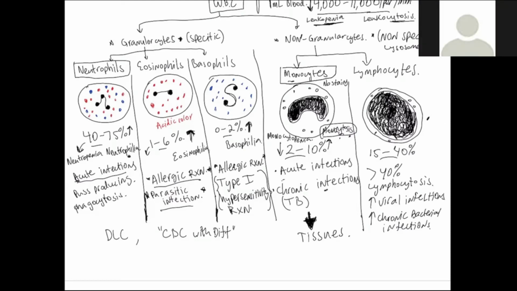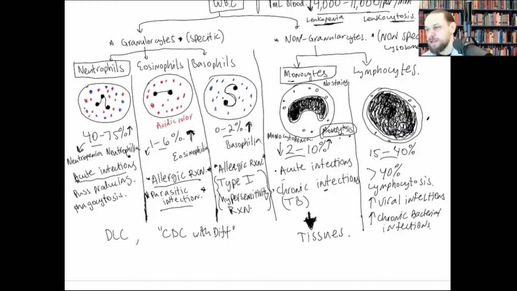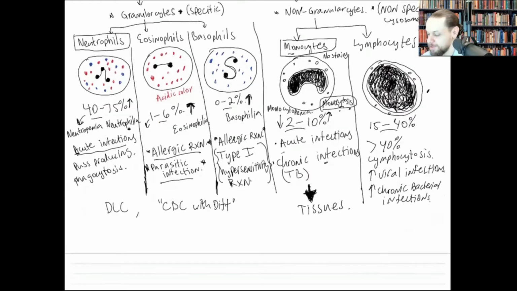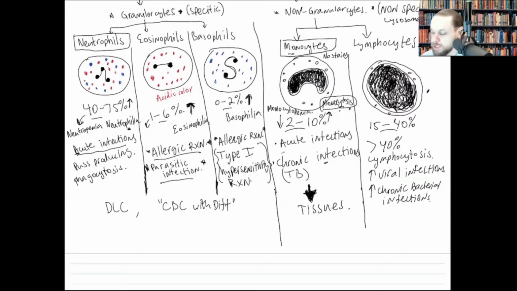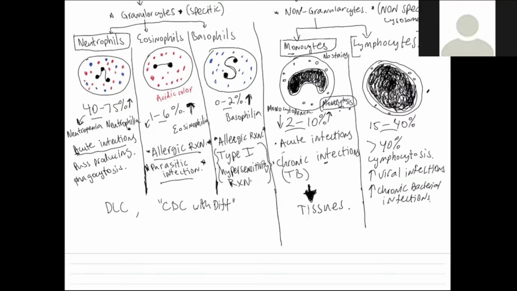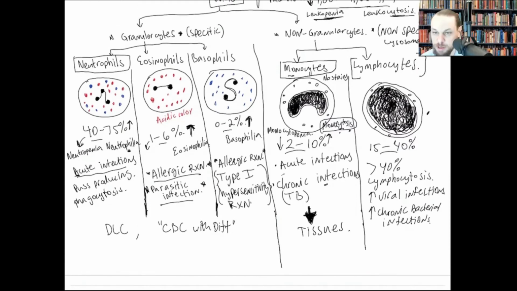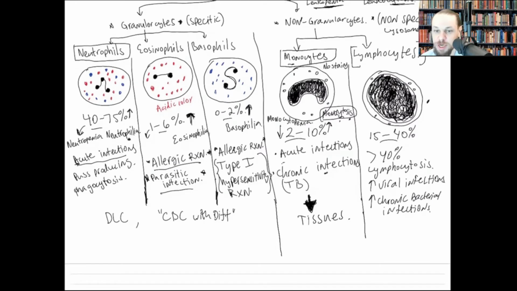Not E cells. T cells are part of your lymphocytes, and I'm going to spend some time breaking them down even further. But the moment monocytes go into the tissues, they're called macrophages.